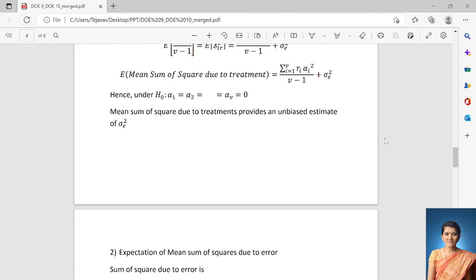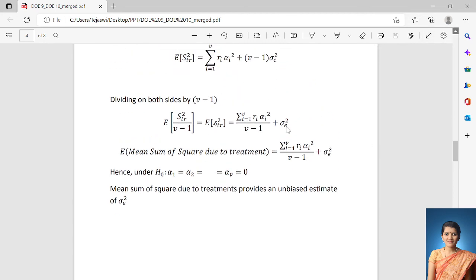So finally we get the expected value of mean sum of square due to treatment equals sigma square. It is unbiased under H naught, otherwise a bias quantity is added. So only under H naught is the mean sum of square due to treatment an unbiased estimate of sigma square. Thank you.